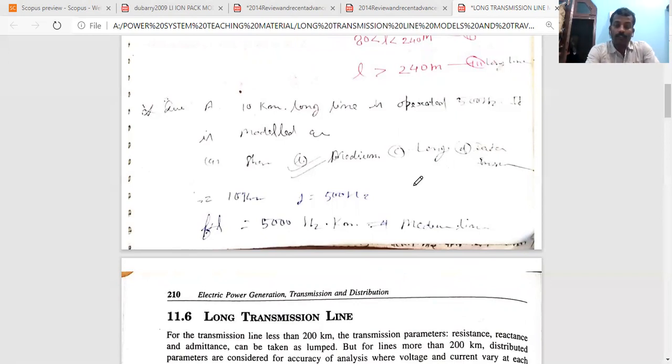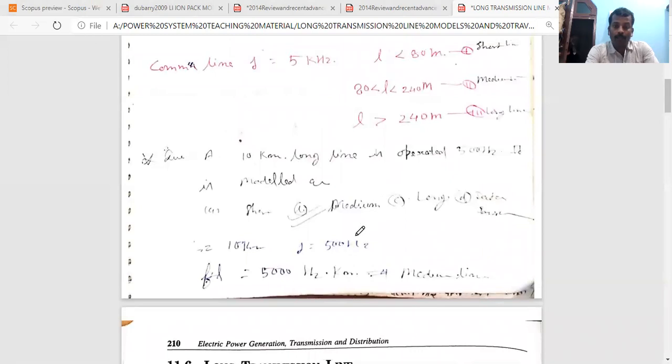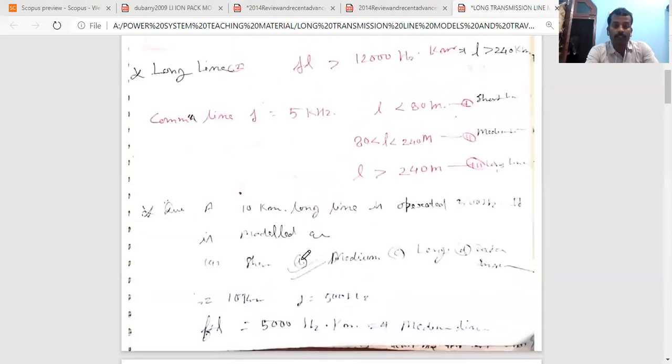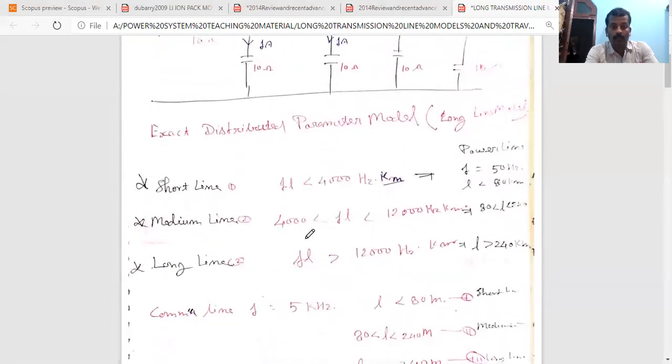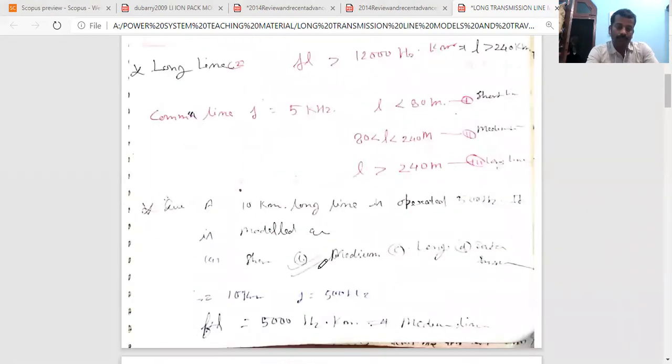You can calculate by putting the value: F is given as 500 hertz and length is 10 kilometer, then the product FL will be 5000 hertz kilometer. This means 5000 will lie between 400 and 1200. This means it will be a medium transmission line.